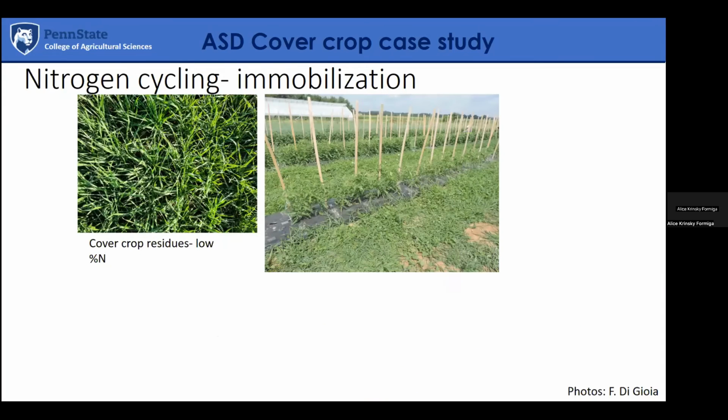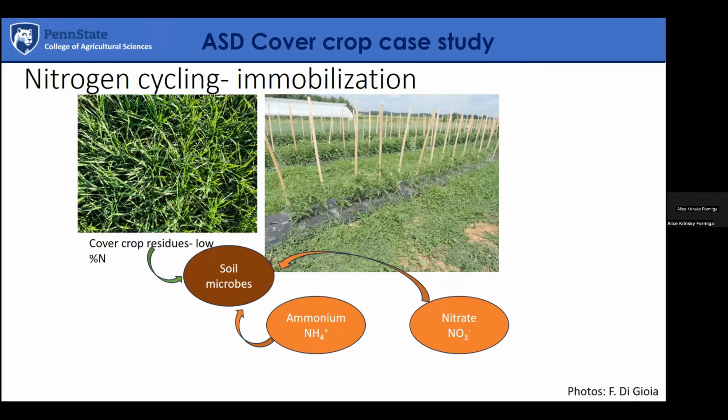In contrast, when you have a cover crop like the triticale that has a lower percent nitrogen, as the soil microbes start to decompose those residues, they often don't have enough nitrogen to meet their own needs, so they need to utilize nitrogen from the soil. And taking up the ammonium and nitrate from the soil can tie it up in the soil microbes, making it unavailable to the following vegetable crop in the short term.